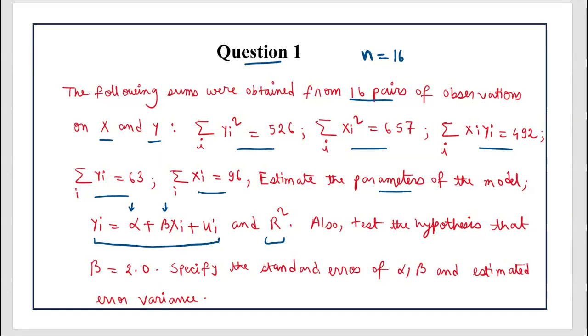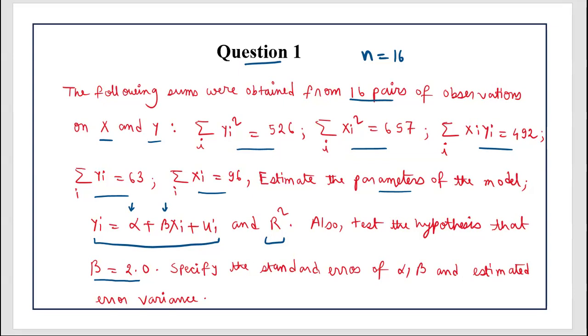And then you also have to test the hypothesis that beta equals 2. Here you have to test the hypothesis that the slope parameter is 2, which means that the impact of x on y will be 2. Slope is just the derivative. The derivative is 2 or not.